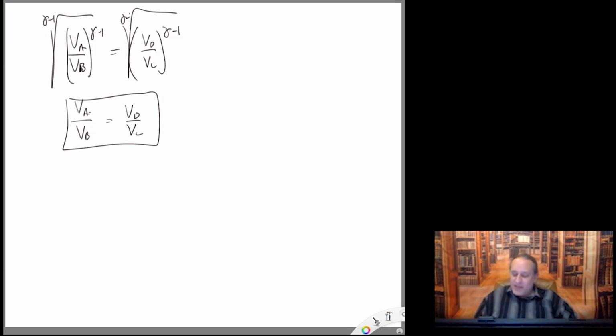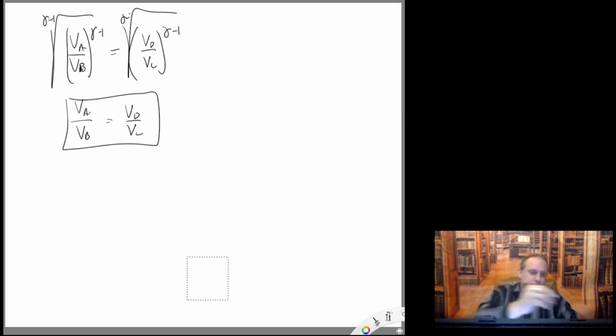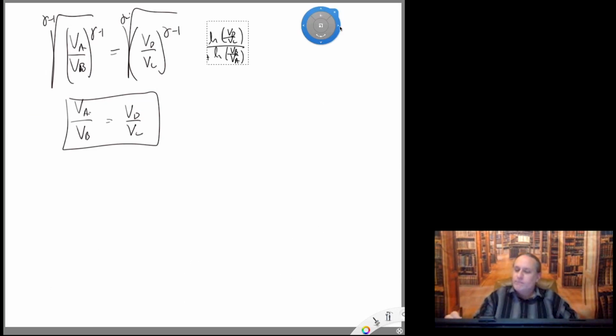So how does that help me? Because we have this expression, and if you notice, the top ratio has VD over VC, so D is on top, C is on the bottom.